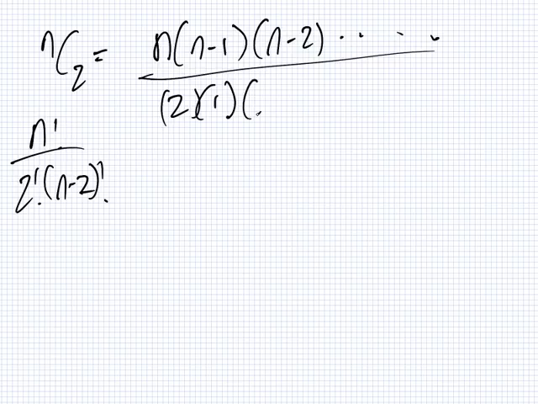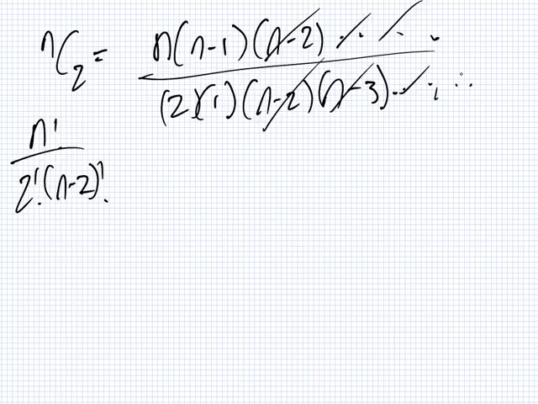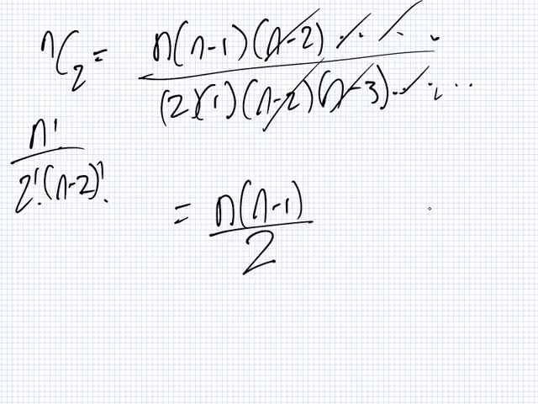And then here we have (n minus 2) times (n minus 3), (n minus 4), etc. So all of these cancel, and you're just left with n times (n minus 1) over 2. This is something we did in the binomial worksheet. So if you want to write that down, nC2 is actually n times (n minus 1) over 2. And we'll go back and use that result.